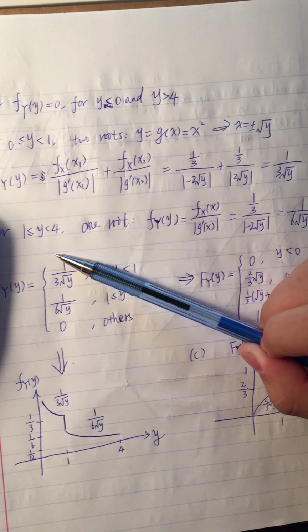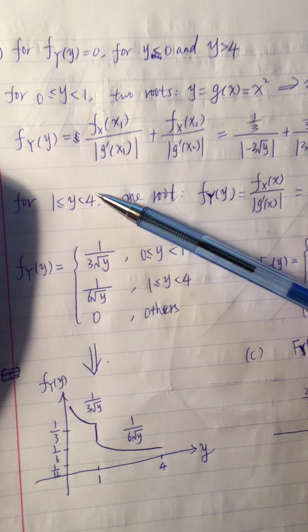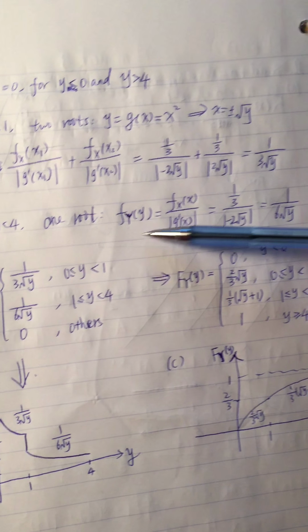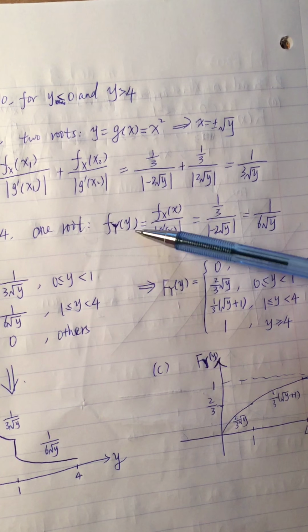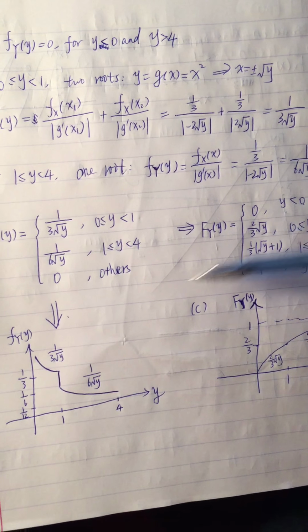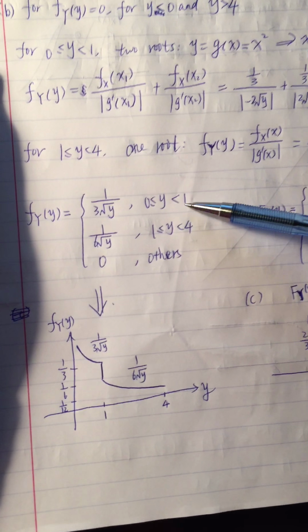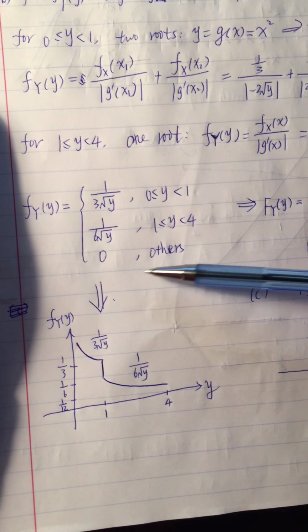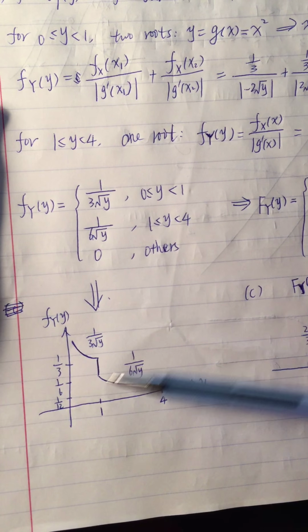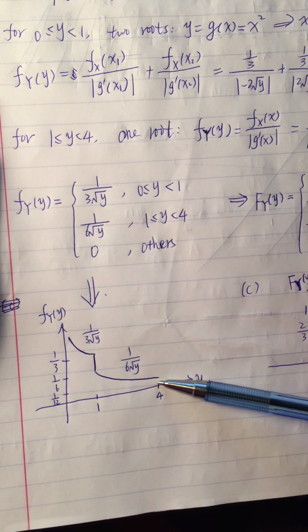For 1 to 4, there is only one root, and f_Y is equal to this. So we can find f_Y from 0 to 1, 1 to 4, and the others are 0. So we can draw f_Y like this.